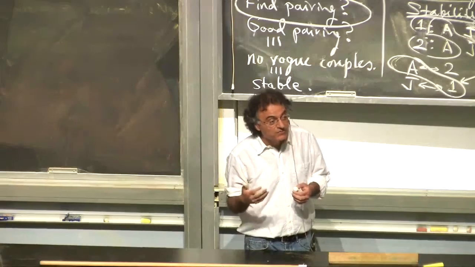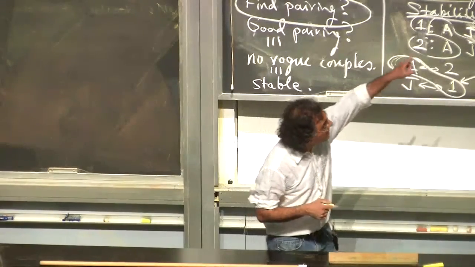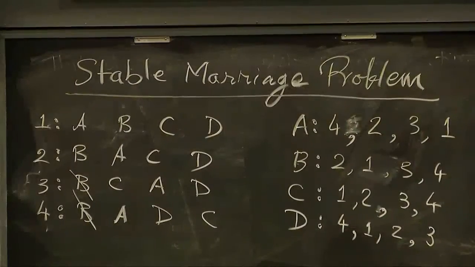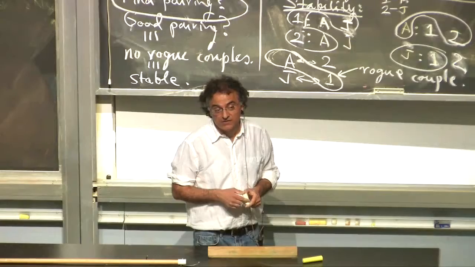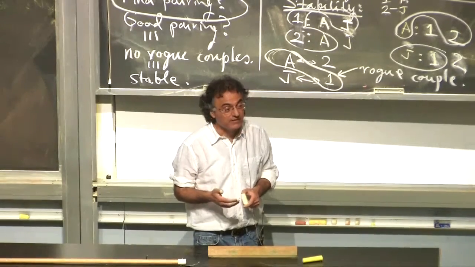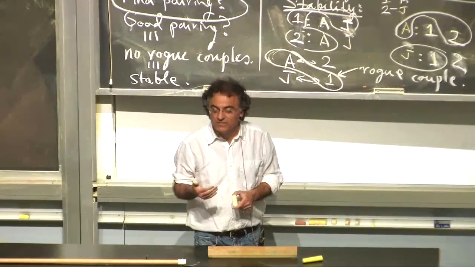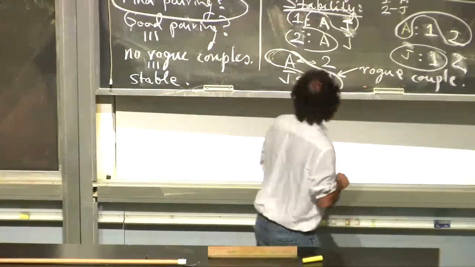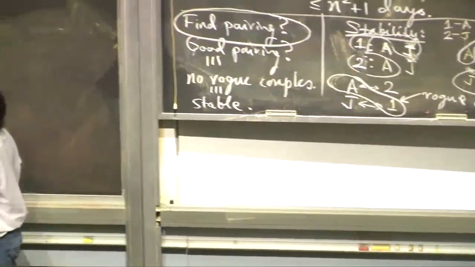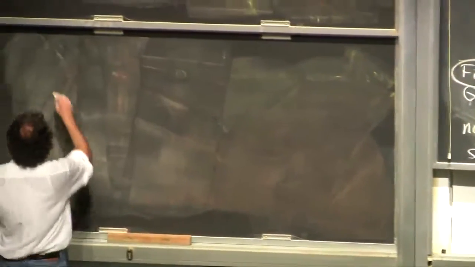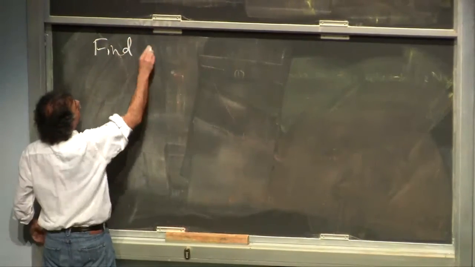The way it could fail is maybe some man goes through his entire list and just gets rejections all the way down the line. So we have to show that can't happen. Why can't it happen? Let's assume, so we are in the find pairing setting.